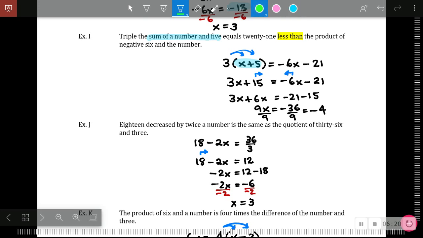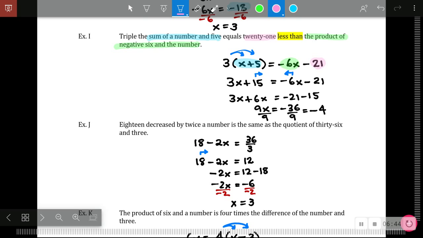So when it says less than, you've got to put the stuff that follows it, the product of -6 and a number, in front of the minus sign, and the stuff that was in front in the sentence goes behind the minus sign. So you can see it's all arranged backwards there on that last half.